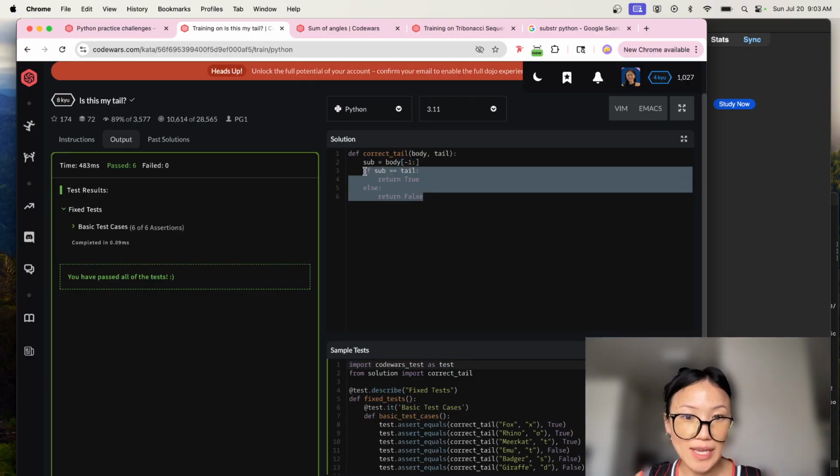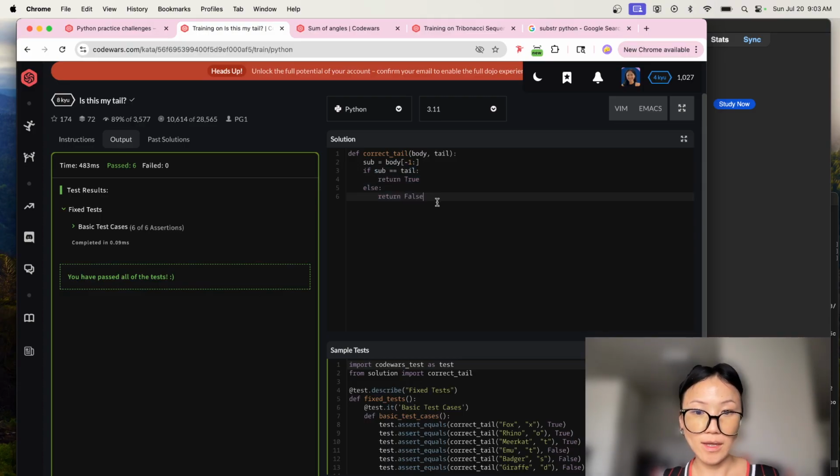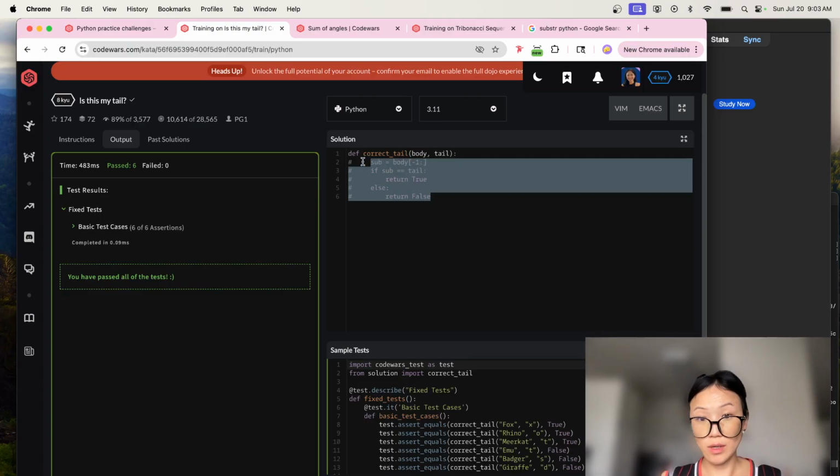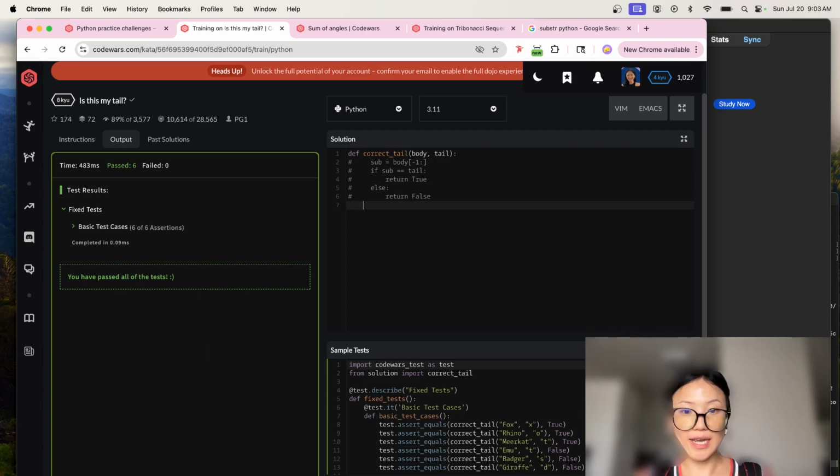We can even make this into a ternary. Return true is the last one is equal to tail, else false.